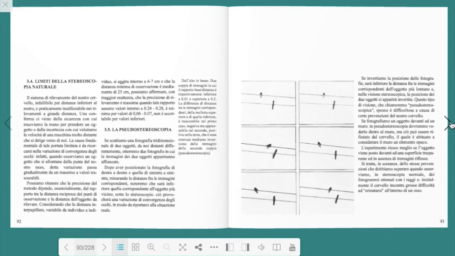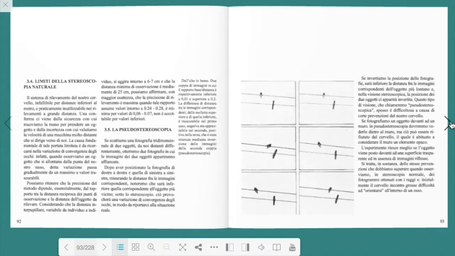The fundamental cause of this limited scope is to be found in the convergence variation of the eyes. In fact, when we observe an object that moves away from the tip of our nose, this variation gradually passes from a maximum to negligible values.